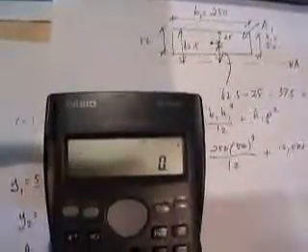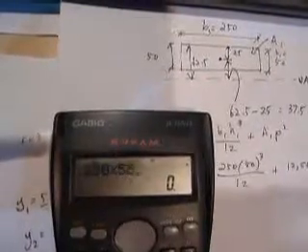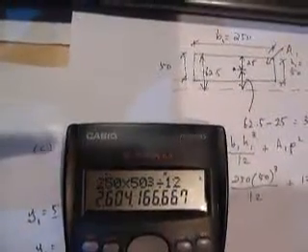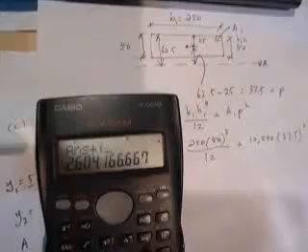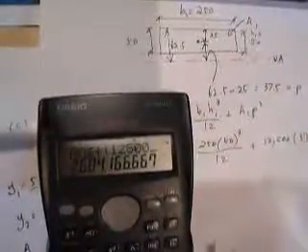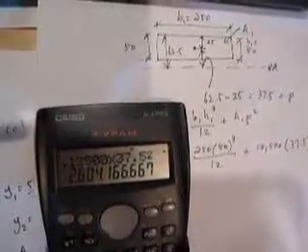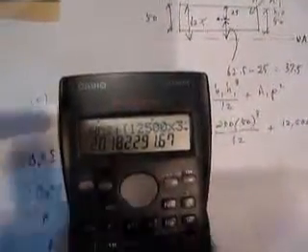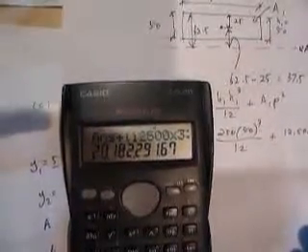Okay, let me get up my calculator. So that's 250 times 50 cubed divided by 12, and we add 12,500 times 37.5 squared. So this is what we get, 20,182,291.7.